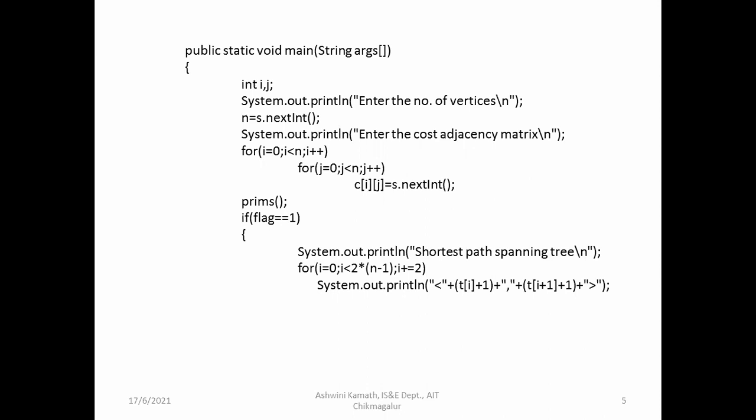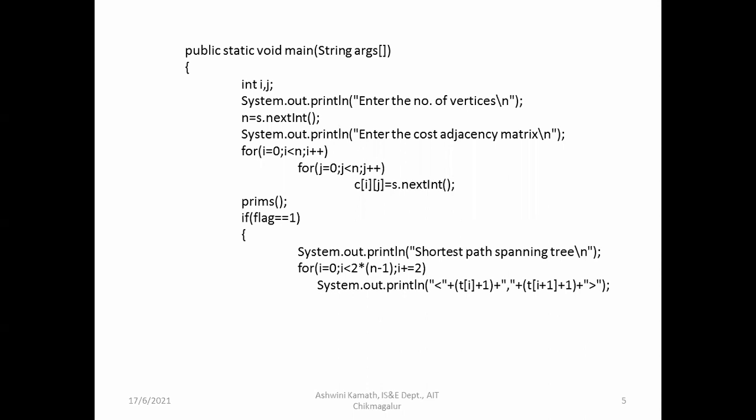Similarly, within the double quotes we have a comma here, and that comma will be displayed. Then for t of i plus 1 plus 1, the value in the position t of i plus 1 will be considered, and 1 will be added to it, and that value will be displayed. Again, within the double quotes we have the closing angular bracket, which will be displayed.